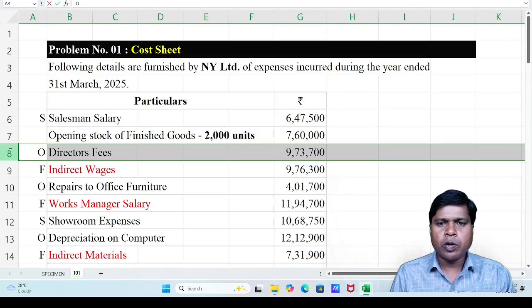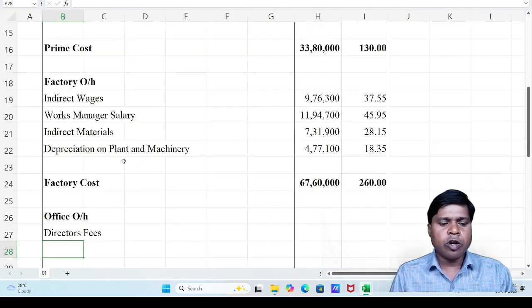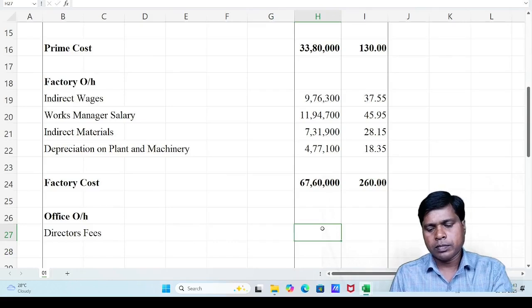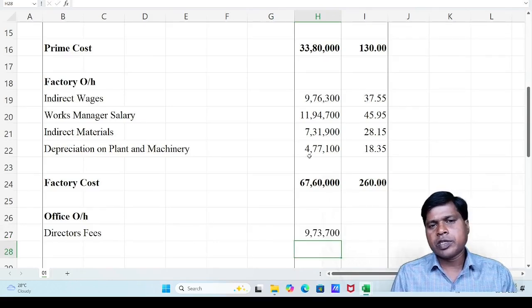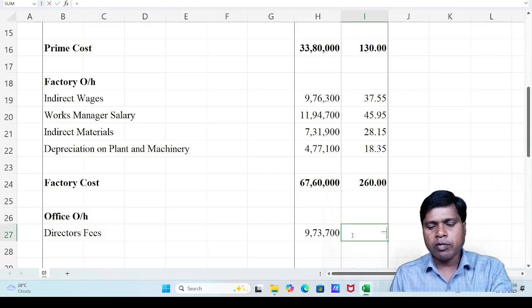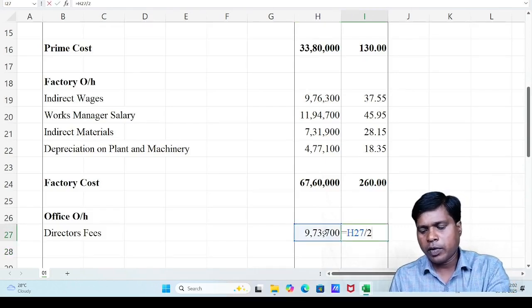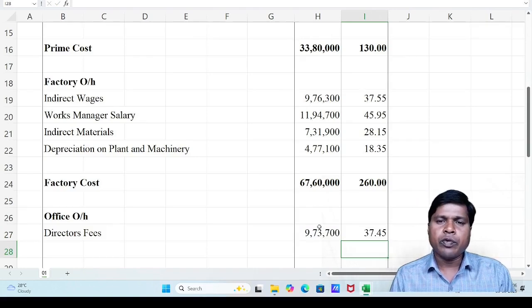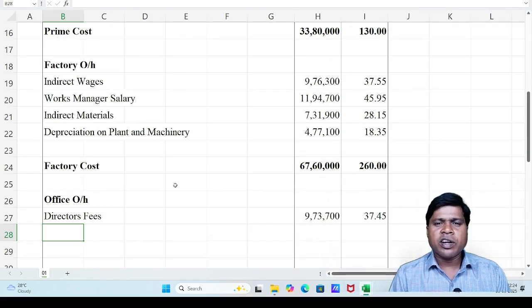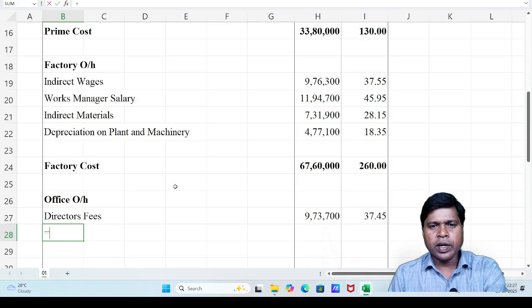First item of office overheads is director fees, recorded under office overheads: 9,73,700. This is the amount of director fees, and calculate per unit again divided by 26,000 units, 37.45. After director fees, we have to find the next item of office overheads.